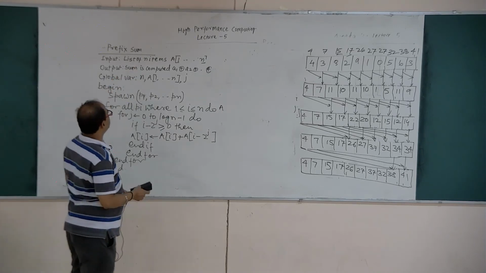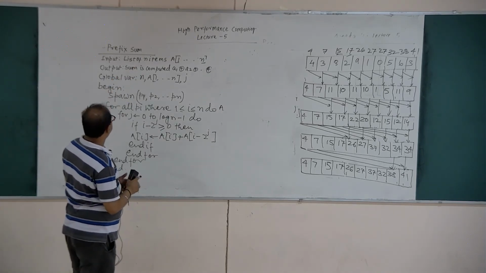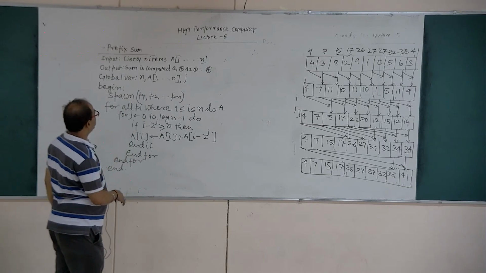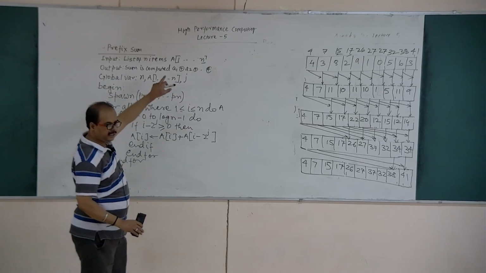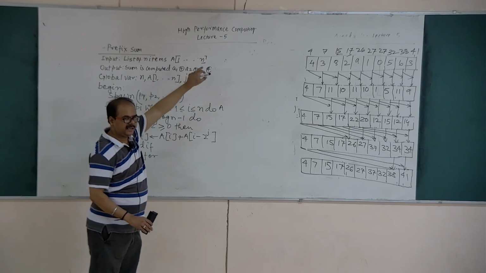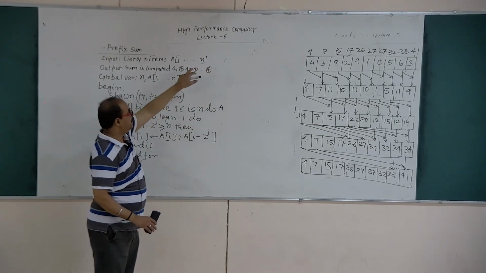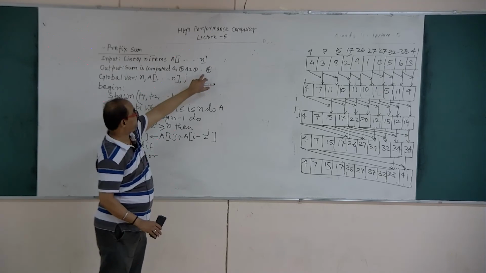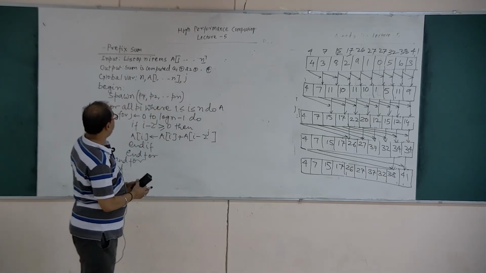So we have given n number of items A1 to An, and the sum is computed such that A1 is added with A2, A2 is added with A3, A3 is added with A4, and so on and so forth, and finally the sum is stored at An.